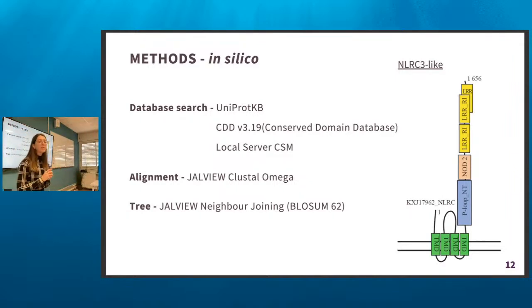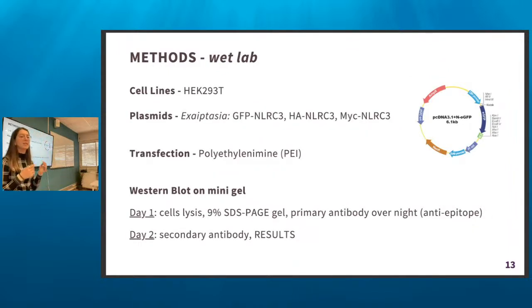And the local server at the CSM was used to retrieve sequences of Exaiptasia pallida and quickly blast them against other databases. To do the alignment between the sequences, we used the software Jalview with Clustal Omega, and to create phylogenetic trees in order to see how the sequences are related to each other, we used the neighbor joining tool in Jalview. In addition, we used the HEK293 cell line.